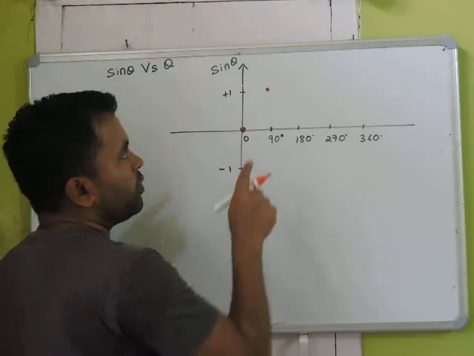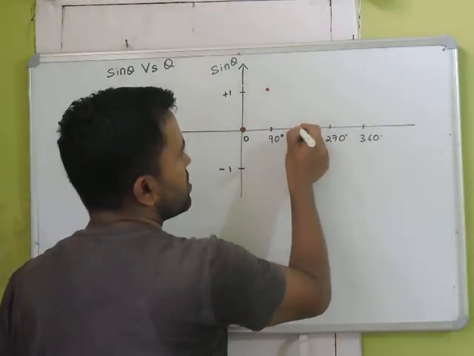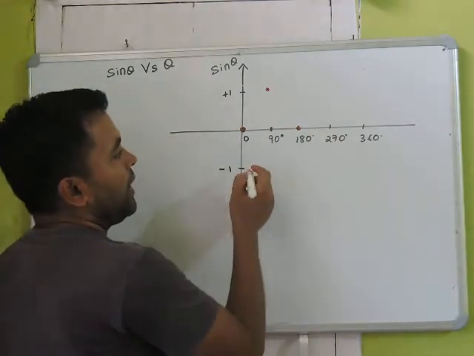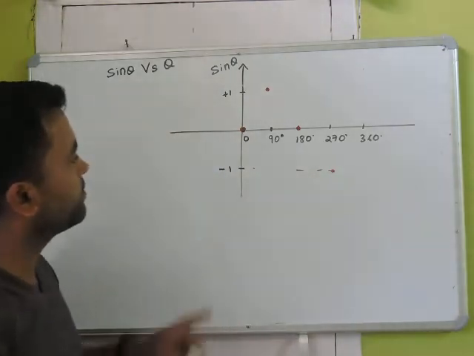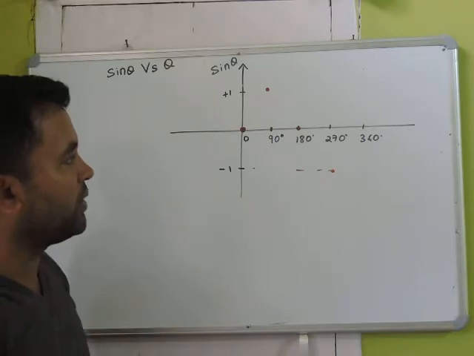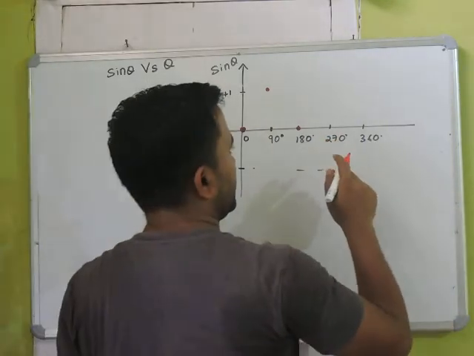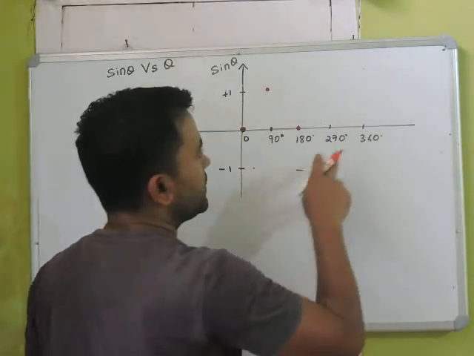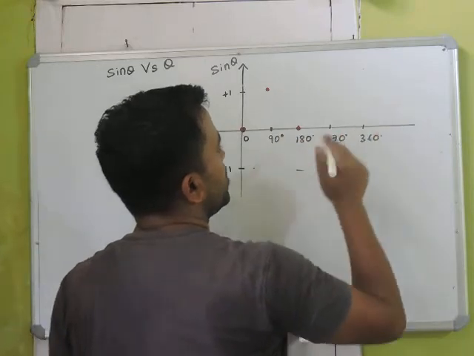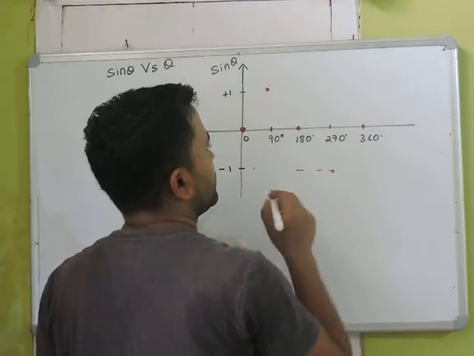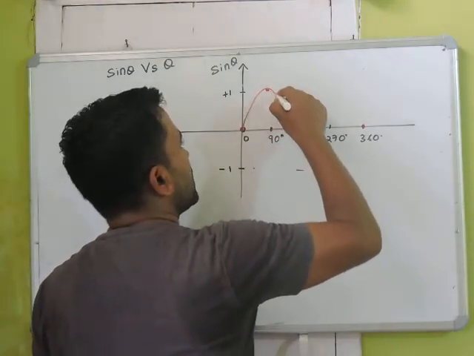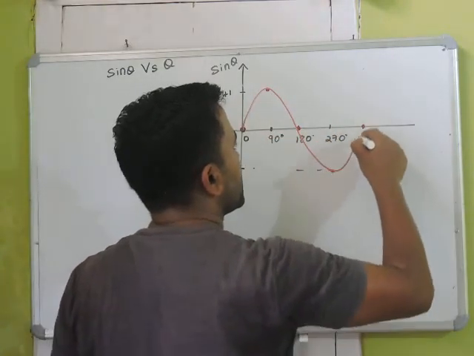Then sine 180 is 0, so there is a dot here. Then using trigonometry, we can prove that sine 270 is minus 1. Then sine 360 degree is going to be 0. So it turns out that the sine function is like this.